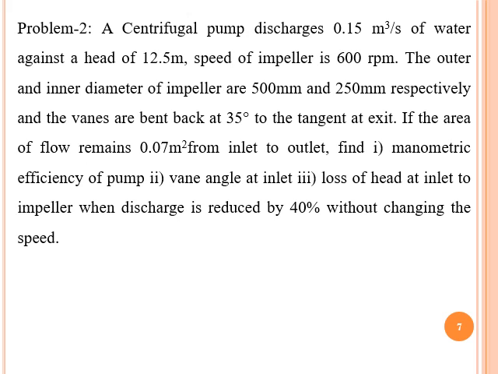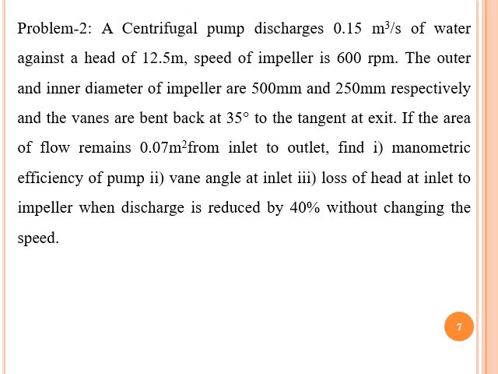If the area of the flow remains 0.07 meter square from inlet to outlet, find first the manometric efficiency of the pump, second the vane angle at inlet, and the loss of head at inlet to the impeller when the discharge is reduced by 40% without changing the speed. So this is the given problem.